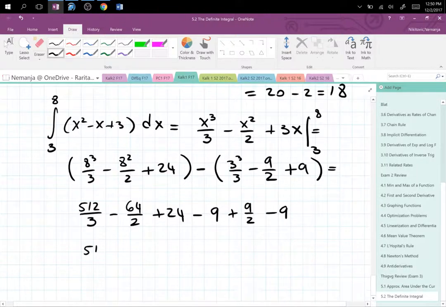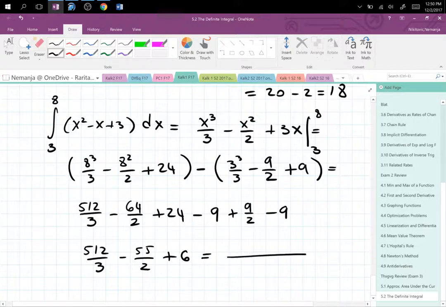So that's 512 over 3. Now minus 64 and plus 9, that's 64 minus 9 is 55, so minus 55 over 2. And then 24 minus 18 is 6, so plus 6.